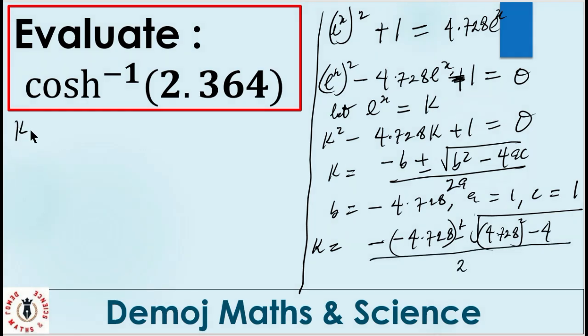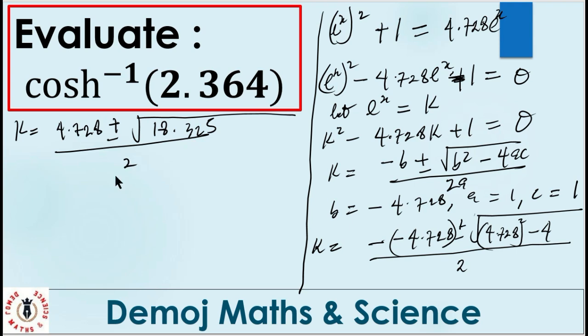Now, so that k will be the same thing as 4.728 plus or minus square root of, applying my calculator directly, 4.728 squared minus 4, that will be the same thing as 18.325, everything over 2. So that k will be the same thing as 4.728 plus or minus square root of 18.325.